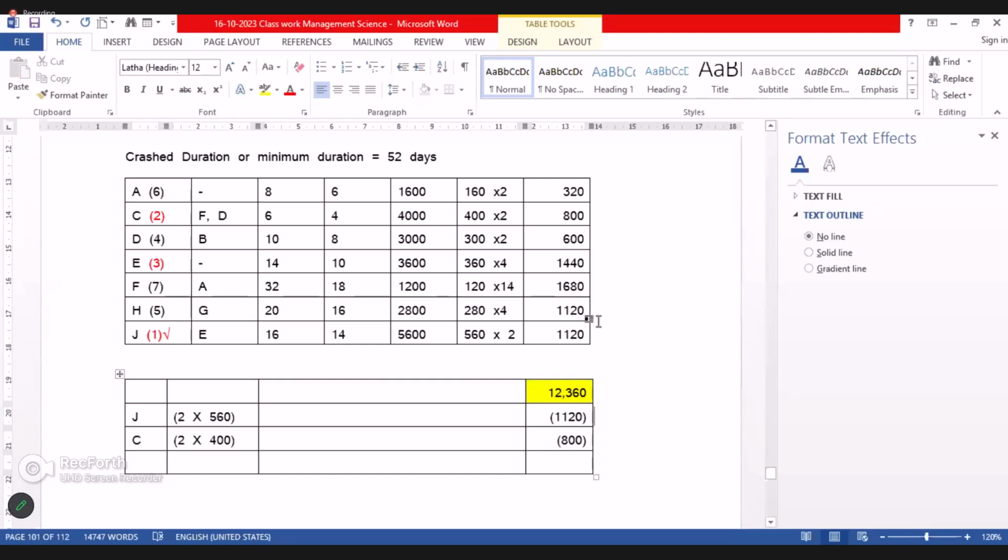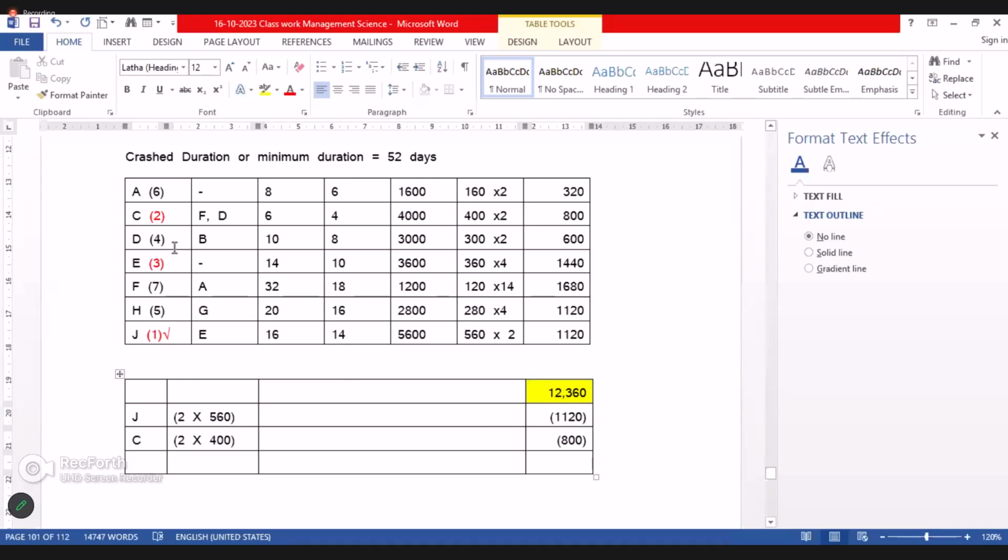We have to minus it because unnecessarily we have increased the cost by 800 rupees by reducing C by 2 days. There is no need. Therefore, we have to remove it. That's the purpose.